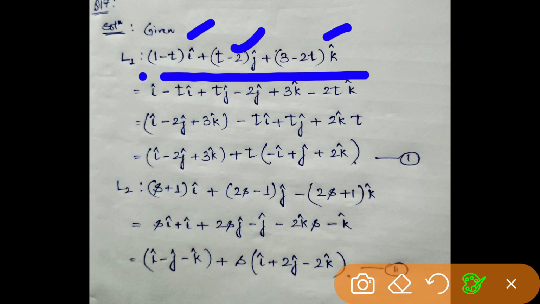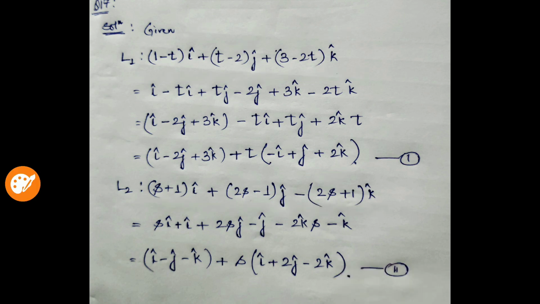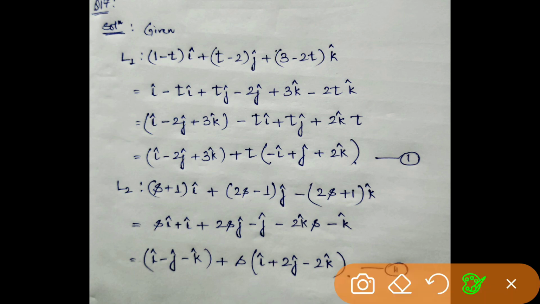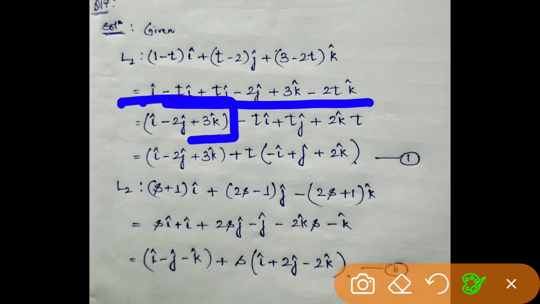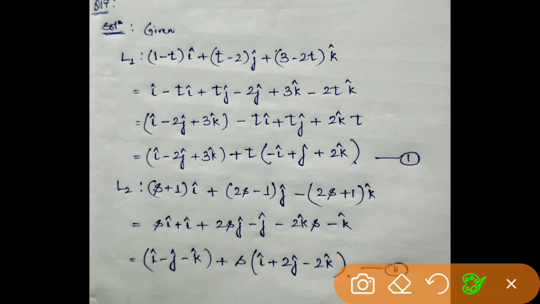In the second line we have s as the constant. So what I have to do is separate the t terms together and the non-t terms together. So I multiplied t in all of them. Then the terms which do not have t, I combine them here, and those which have t I have written here.